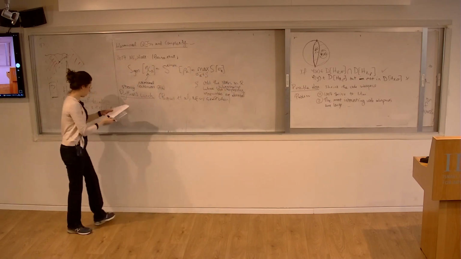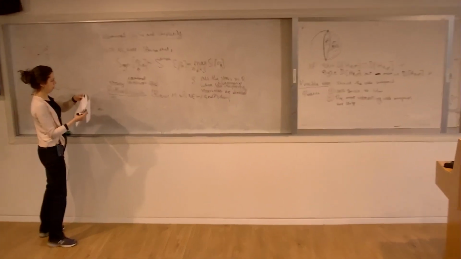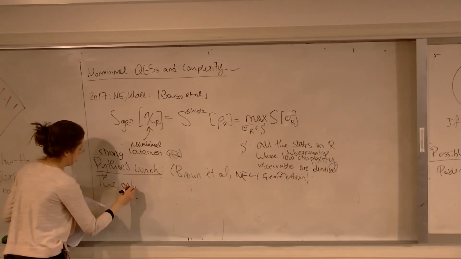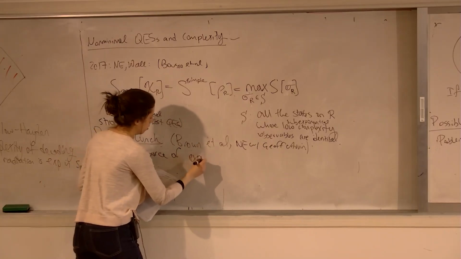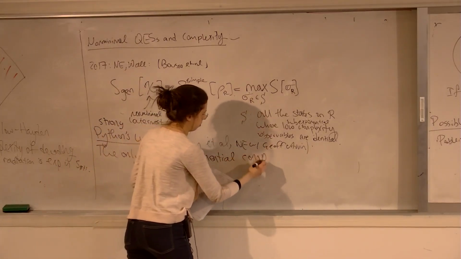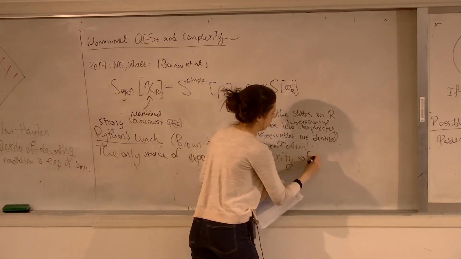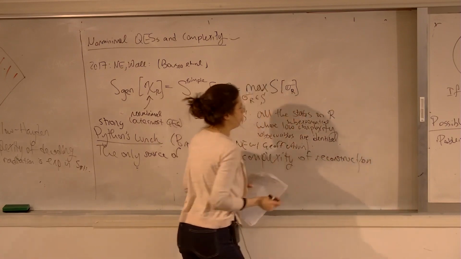And the statement is that the only source of exponential complexity of reconstruction is non-minimal quantum extremal surfaces.